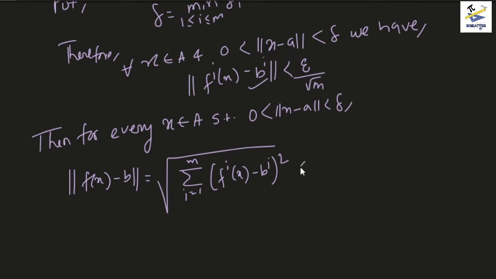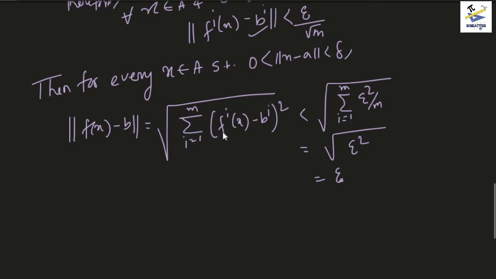We can find that this is less than the summation from i equals 1 to m of epsilon squared by m, right? And since this summation gives m times epsilon squared by m, it becomes epsilon squared, and the root becomes epsilon. So therefore f(x) is continuous at a, therefore the limit as x tends to a of f(x) is equal to b.